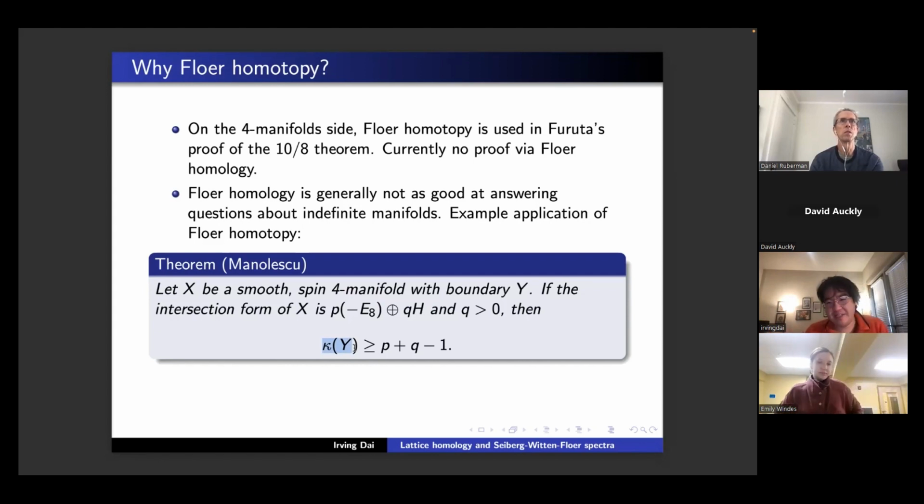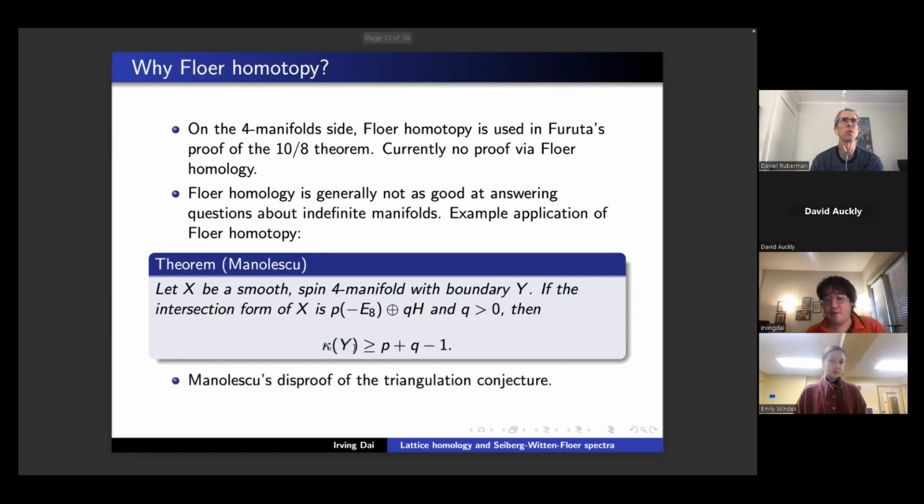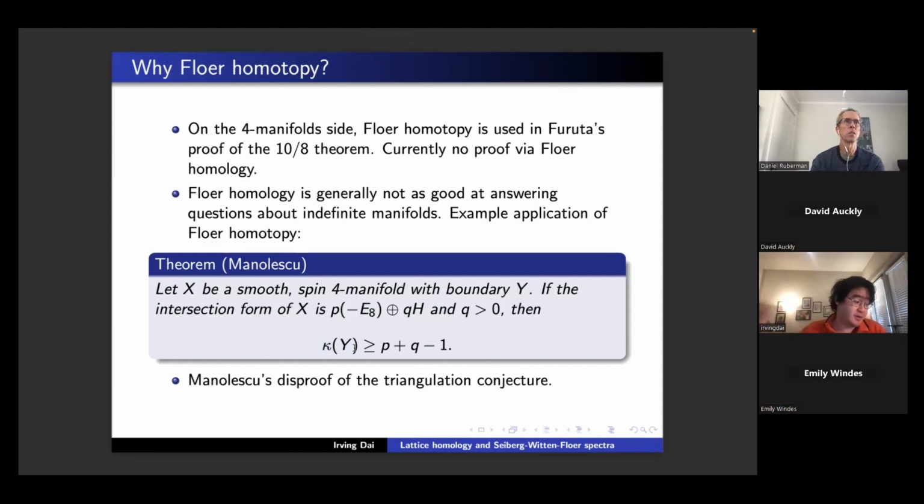Okay, this theorem is not really important for this talk. I just give it as an application of the kinds of things that you could do in 3 or 3.5 dimensions with Floer homotopy. And of course, Manolescu's original disproof of the triangulation conjecture was derived from his development of Pin(2)-equivariant Floer homotopy, although really the numerical invariants that he used were defined on the level of Pin(2)-equivariant Seiberg-Witten-Floer homology.